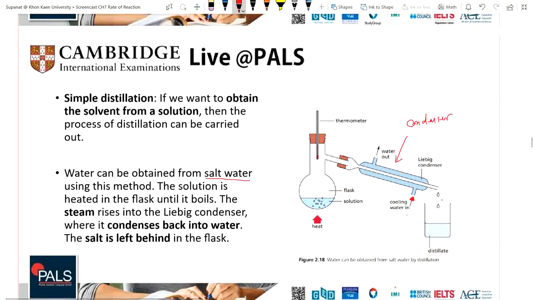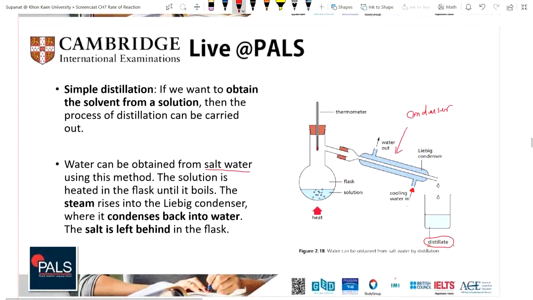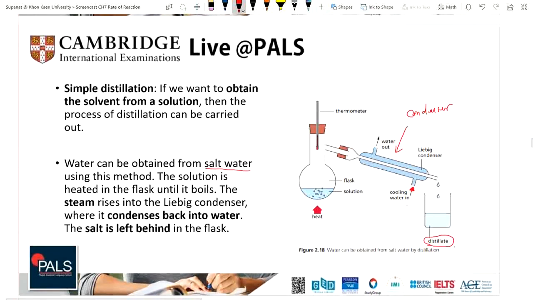Okay, the steam condenses back into water, and then we get the salt left behind in the flask, and here we get the distilled water. The important kits of the distillation are the round-bottom flask, the condenser, and the water cooling system. Okay.